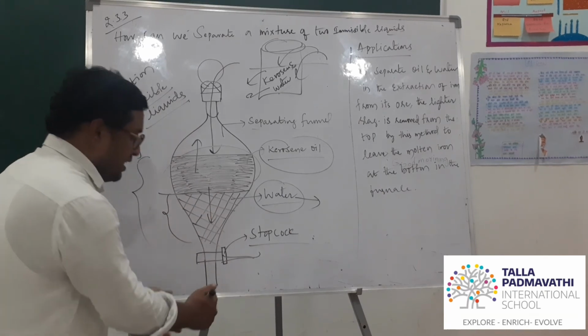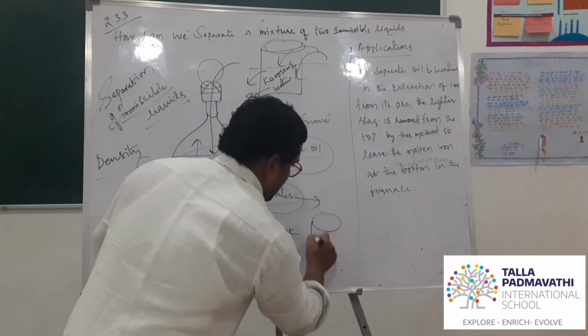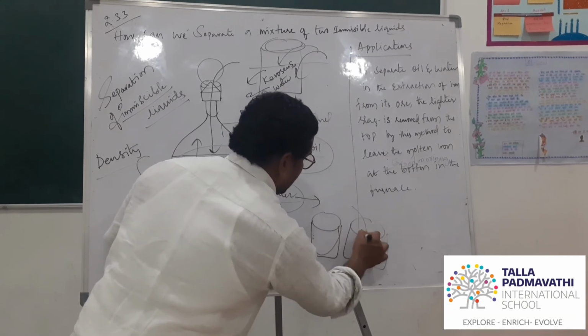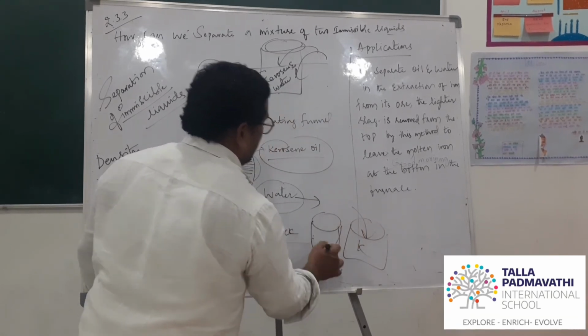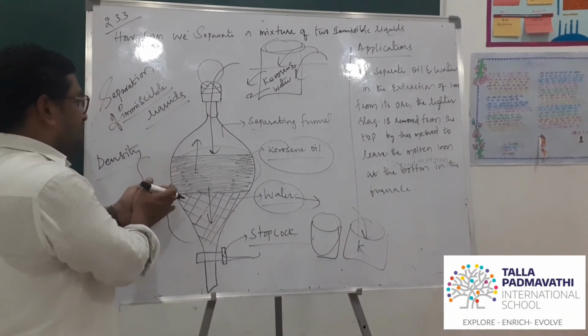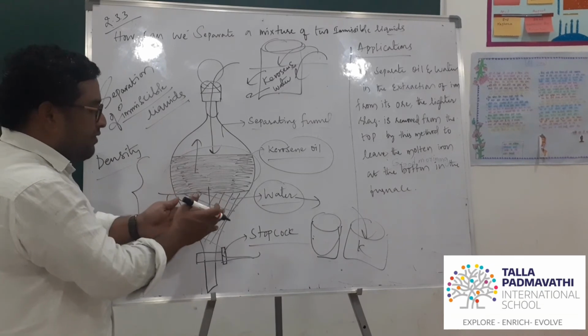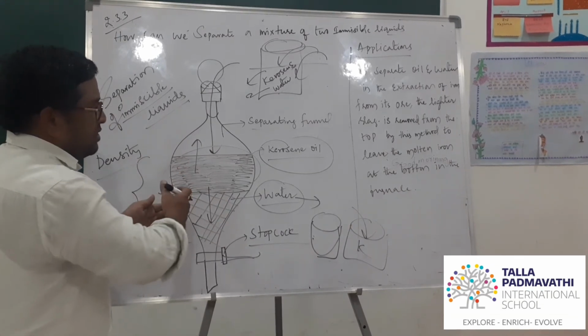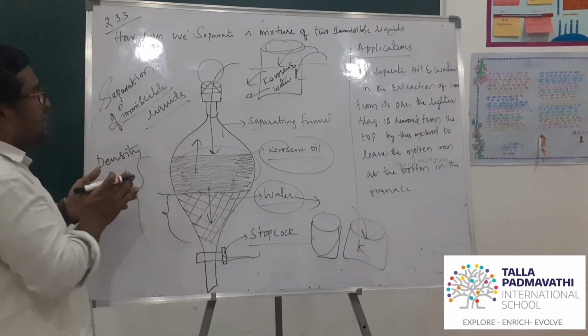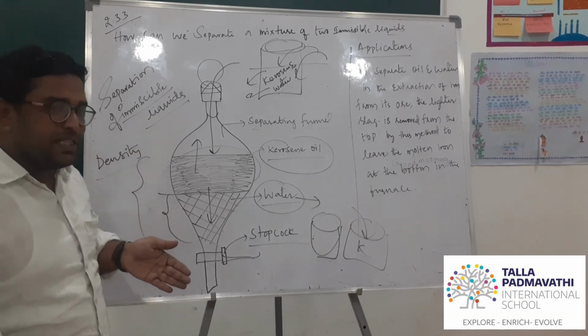You can separate the water in one container, and also separate the kerosene in another container. This is the technique we are following with the separating funnel, the density technique, to separate water and kerosene. This is one of the important techniques to separate two immiscible liquids.